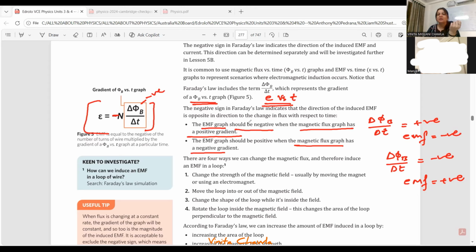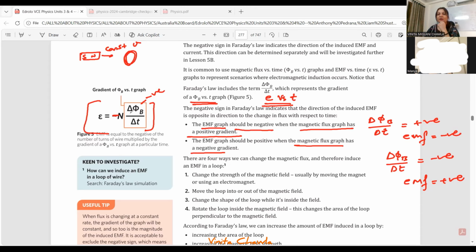See, if your magnetic flux is increasing uniformly with time, we can consider a situation where we have a coil and a magnet, and we are moving the magnet towards the coil with constant speed. Then the magnetic flux will change uniformly with time, equal change in magnetic flux in equal time.